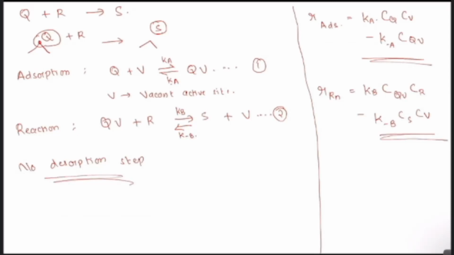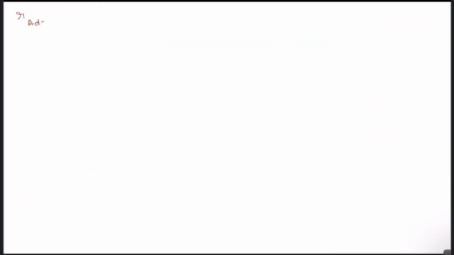So if we write the reaction rates in terms of partial pressure, we can write rate of adsorption as Ka PQ CV minus K minus A CQV, and rate of reaction as Kb PR CQV minus K minus B PS CV. Let us take these as equation 1 and equation 2.